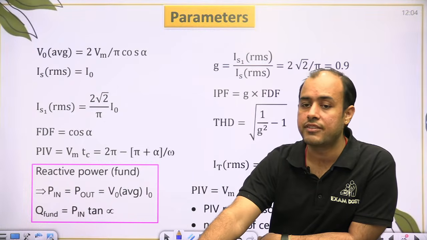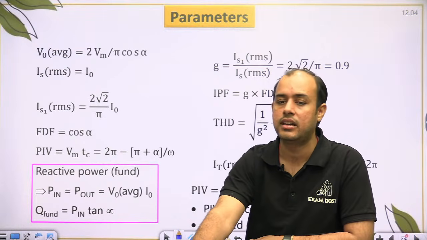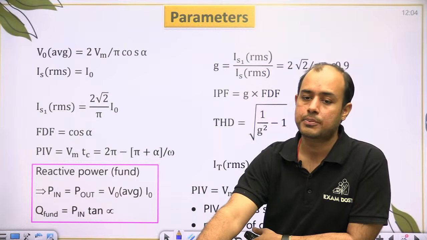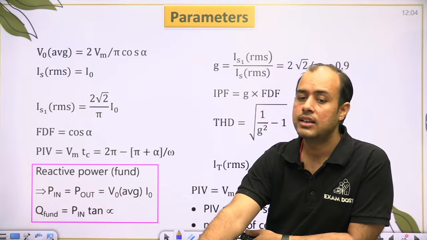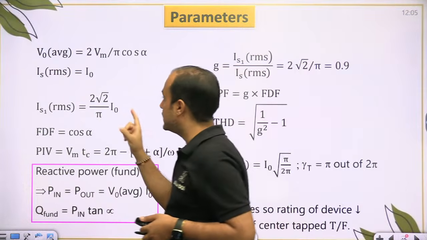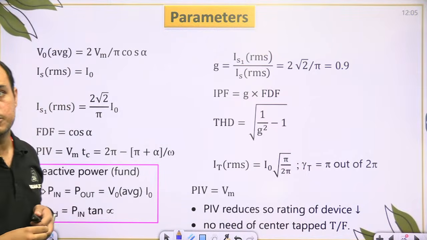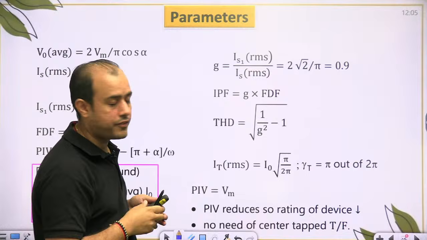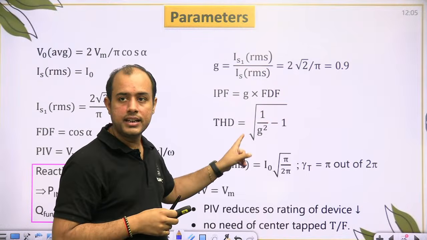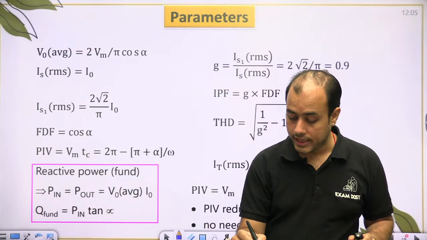Now once we have the real power, we can find reactive power as P tan alpha, because power factor angle is alpha. Now, distortion factor is fundamental RMS by total RMS, that is 2 root 2 by pi, which is 0.9. Input power factor is G into FDF. THD also comes out to be same, 48.4.